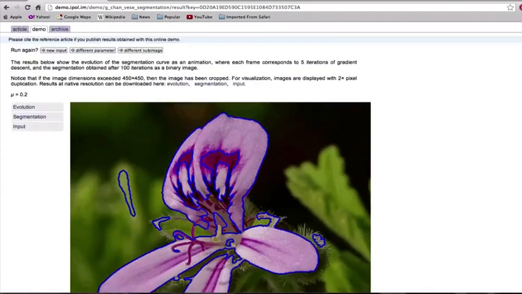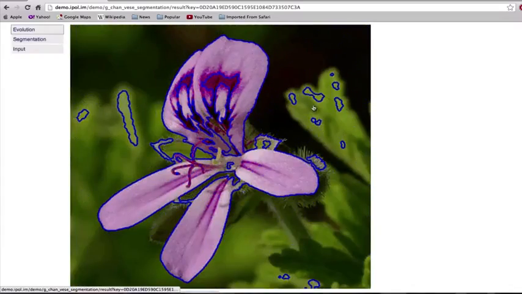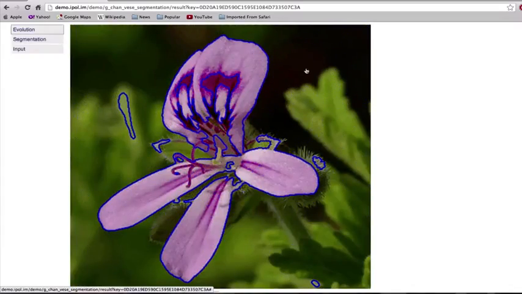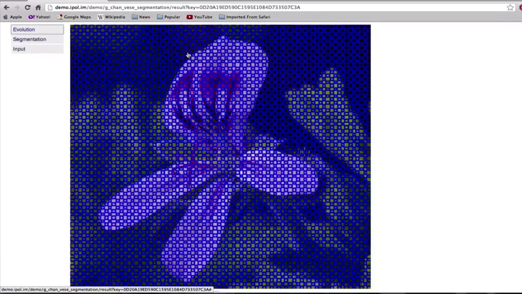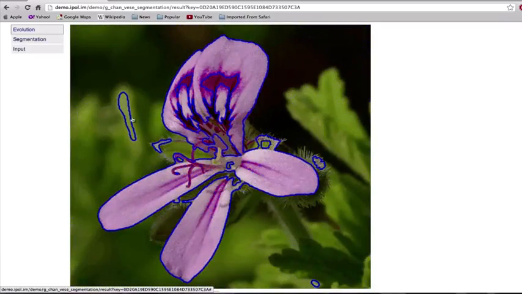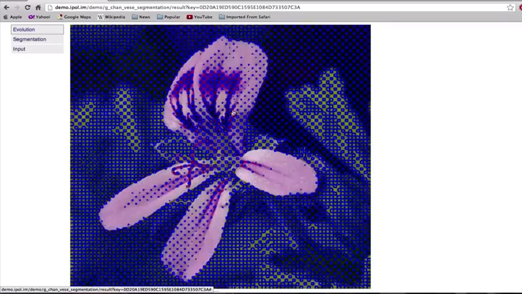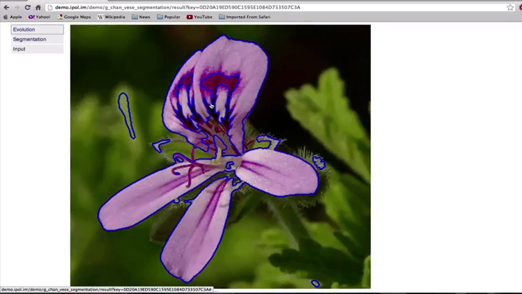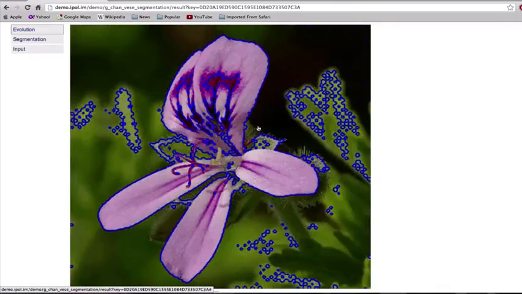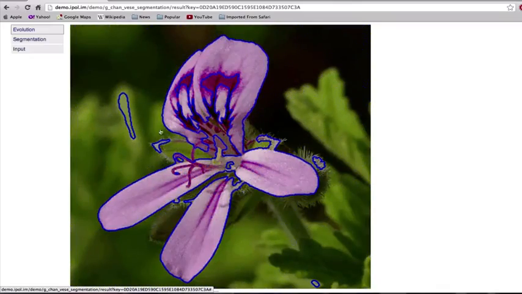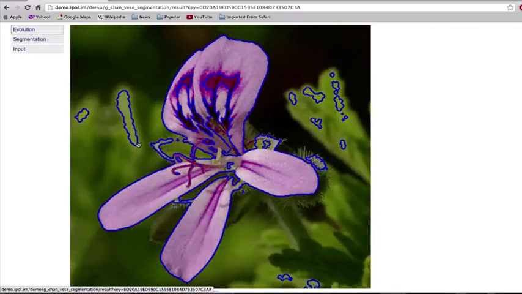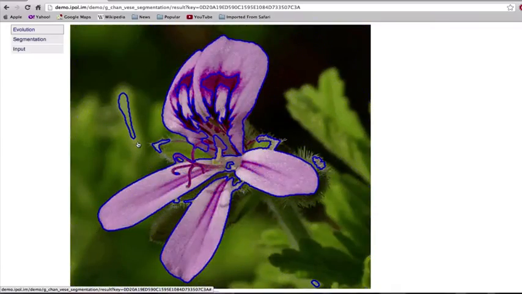And here is the result. We see, once again, the initial contours. These blue contours at the very beginning are the initial contours, and then we see the boundaries. The curves have evolved toward those boundaries, to segment out the object of interest. There are some spurious objects, and we are going to understand why they happen.